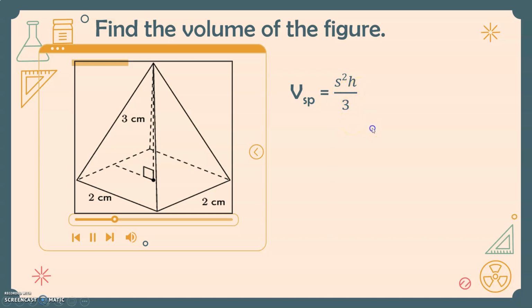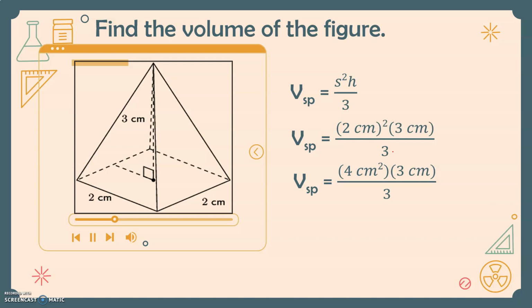Substituting the given information, we'll have 2 centimeters squared times 3 centimeters divided by 3. That will give us 4 square centimeters times 3 centimeters divided by 3, and that will be equal to 4 cubic centimeters. Again, remember that volume is measured using cubic units. So our unit of measurement here is cubic centimeters.